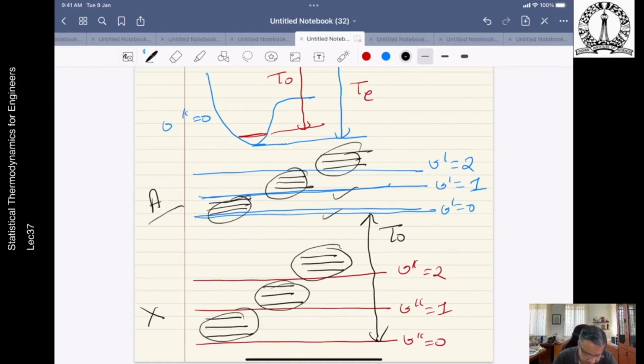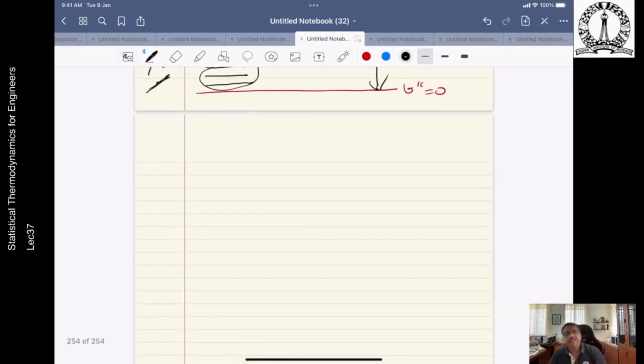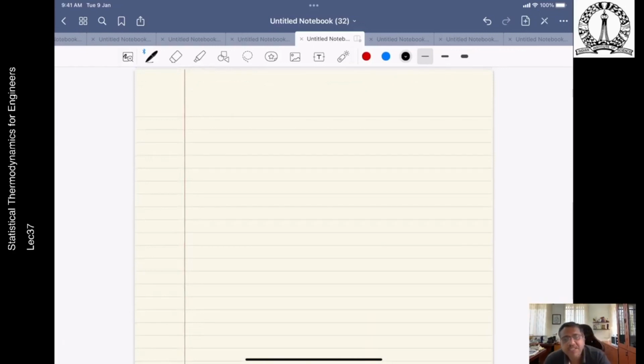This is the ground electronic state, this is the first excited electronic state. So the revised electronic energy gap bridges this V double prime equal to 0 to V prime equal to 0, the vibronic levels, which is also shown in this particular figure. The T naught is well marked over here.